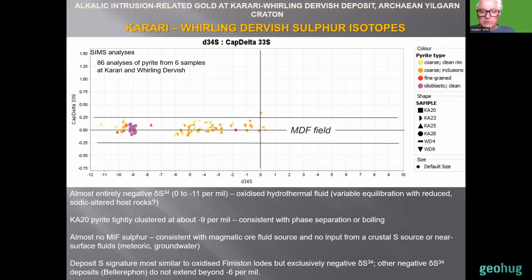One example is the oxidized Phimiston lodes, which nevertheless extend into positive delta S34 territory. Another is Bellerophon in the St. Ives camp, where delta S34 values do not extend to values lower than -6.